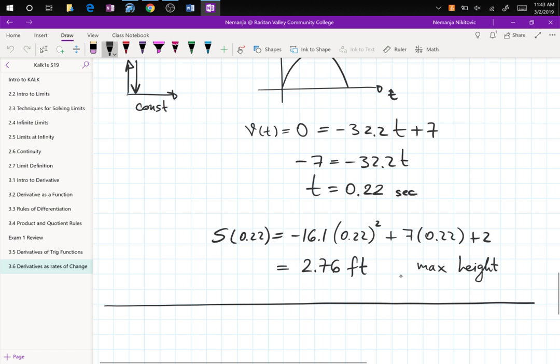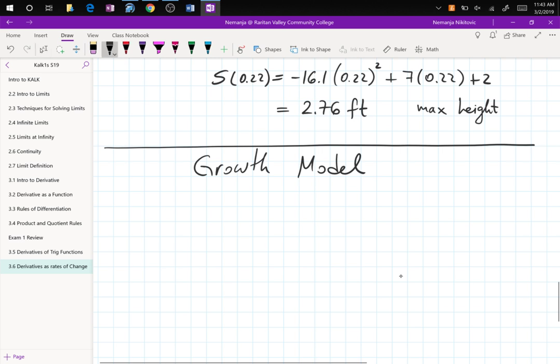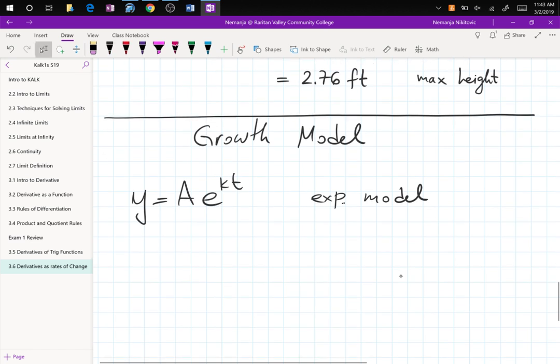the growth models. So you study y equals ae to the kt as the exponential model. And depending on what you want to apply, because this applies in all areas of your existence.